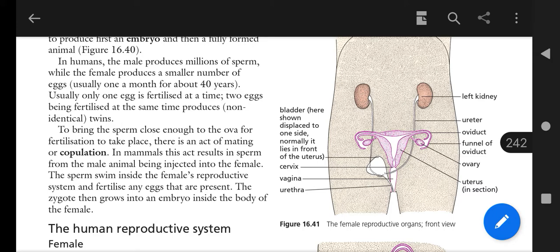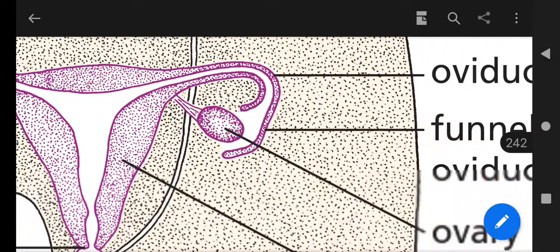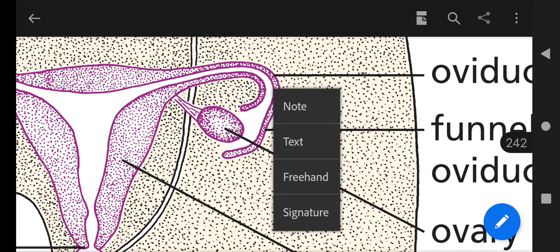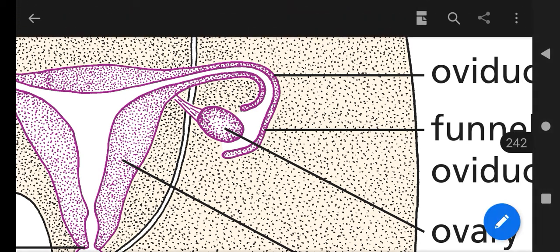In it, the erect penis is inserted into the vagina of the female reproductive system, and here the sperms are deposited. After that, the sperms move from the vagina to the cervix, then the uterus, the oviduct, and the ampulla. That place is called the ampulla, and here fertilization takes place.